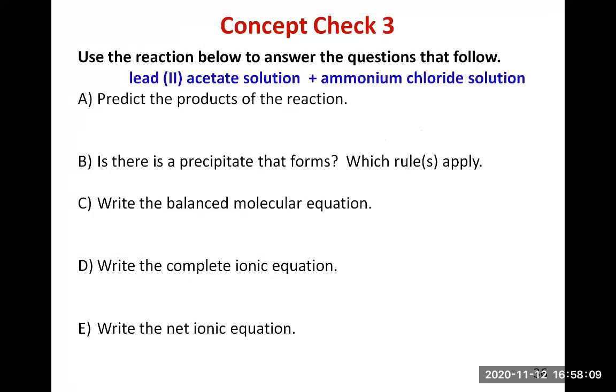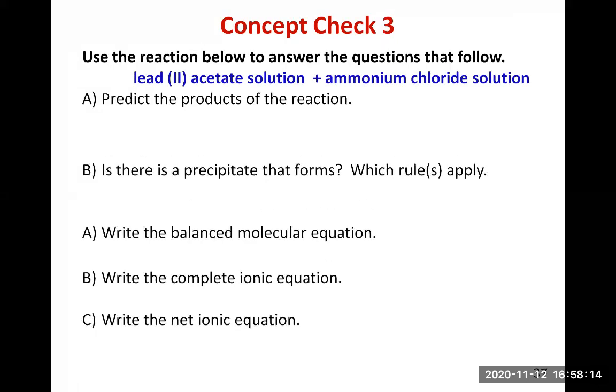So lead 2 here indicates that it's Pb2+. Pb is the symbol for lead, and the Roman numeral 2 indicates 2 positive charges. Acetate. The acetate ion is a polyatomic ion made of carbon, hydrogen, and oxygen. And its formula is C2H3O2 with 1 negative charge.